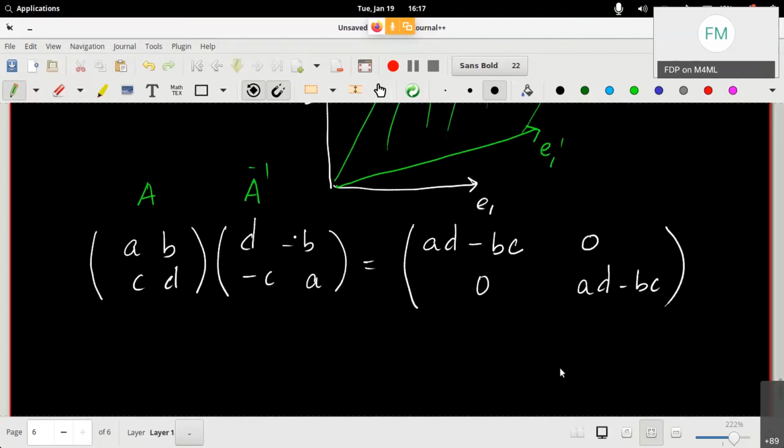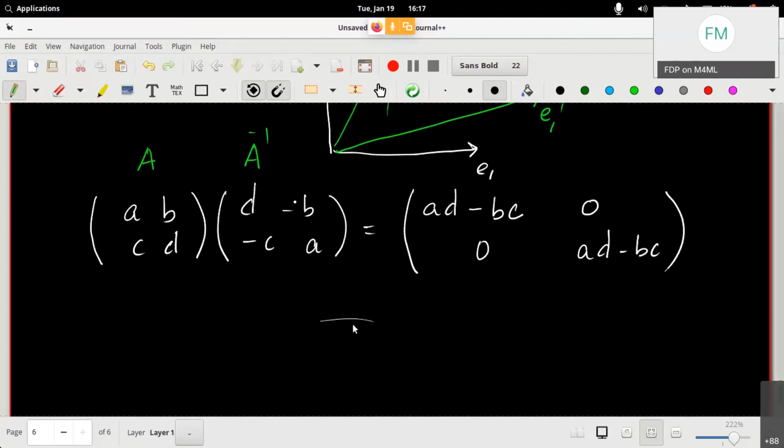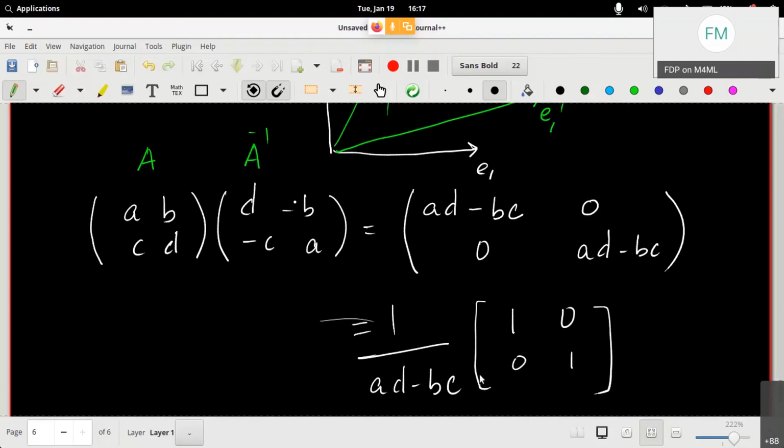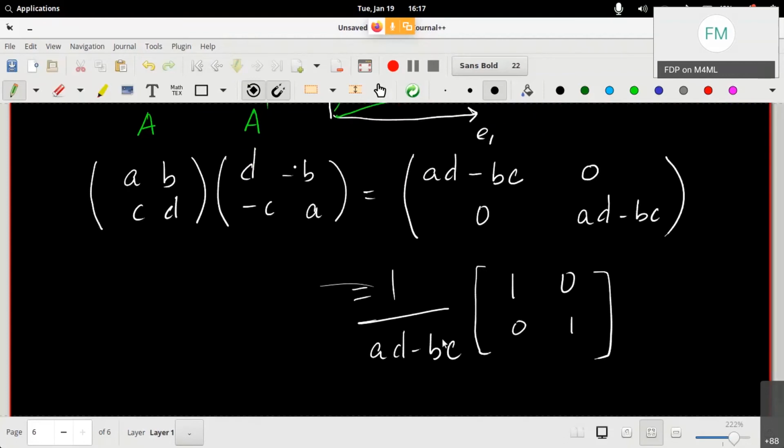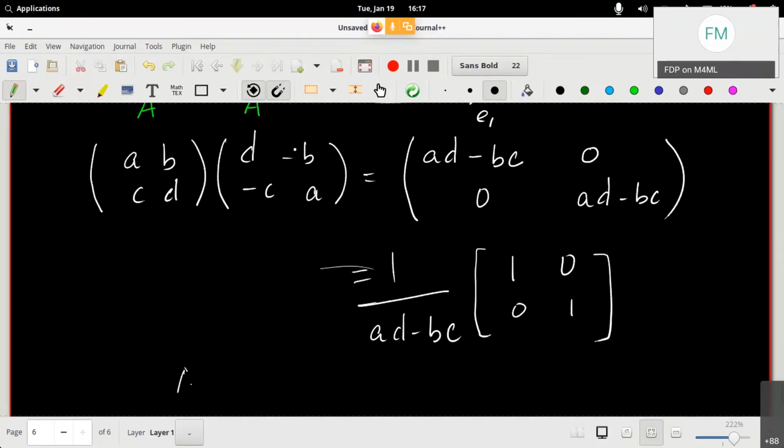So now we got a nice equation, I could just factor out 1 over AD minus BC. What we got is a very nice identity matrix, right? So that's the determinant. We all know that if you multiply A times its inverse, we get the identity matrix, but I'm just showing you with respect to finding out the determinant.